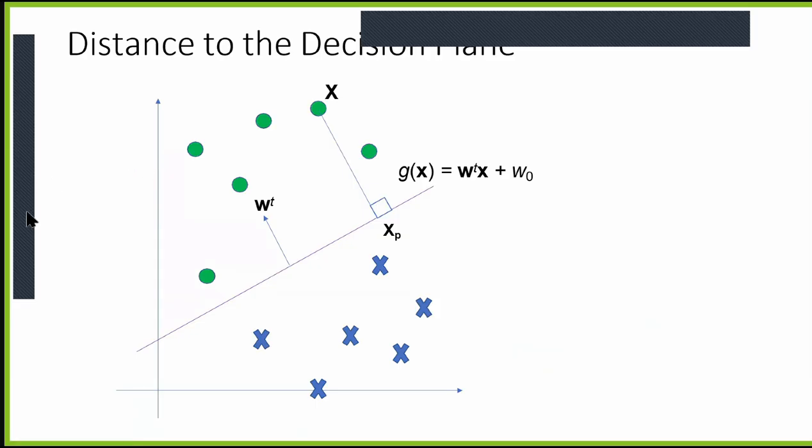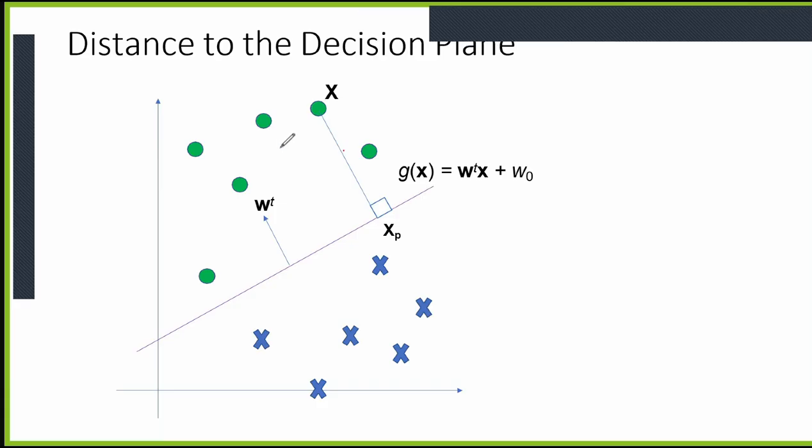So this is one example that we'll go over of how exactly we compute the distance from the decision plane, this line, to this off-plane data point x, which is here.